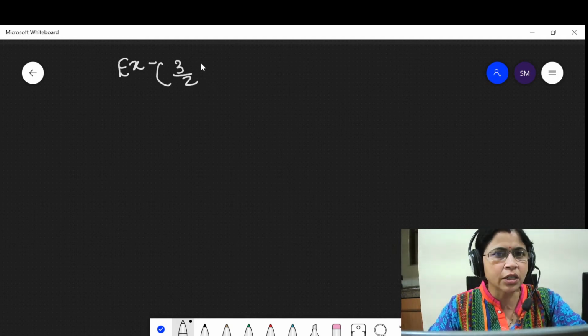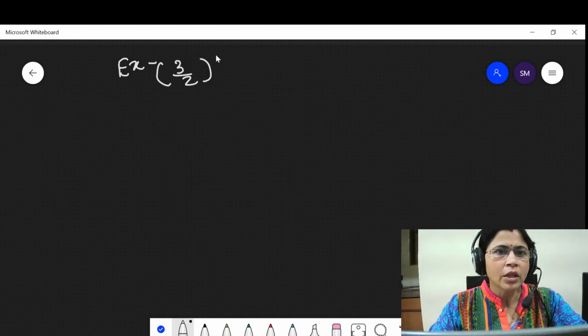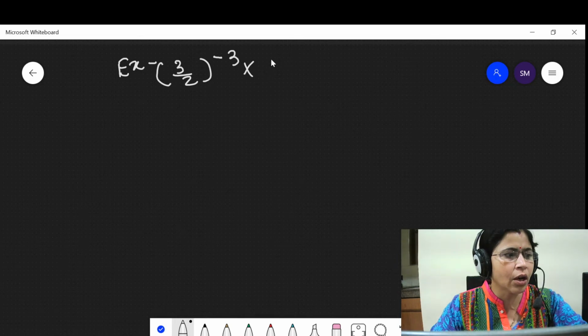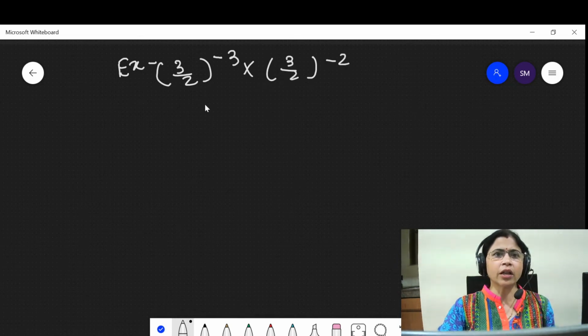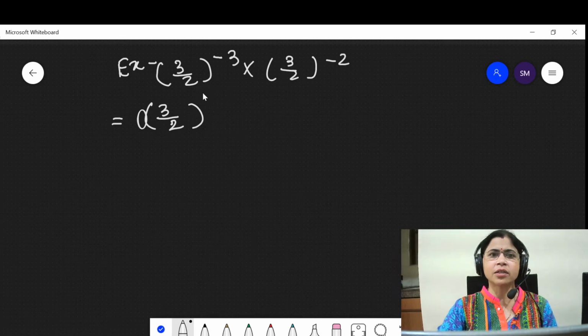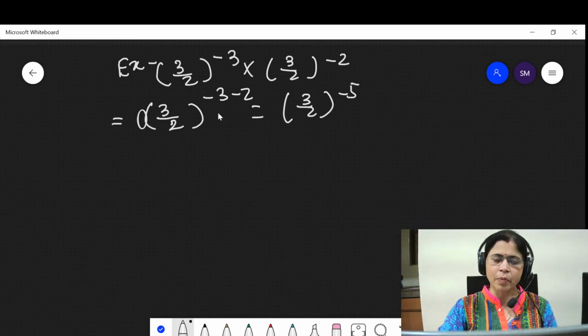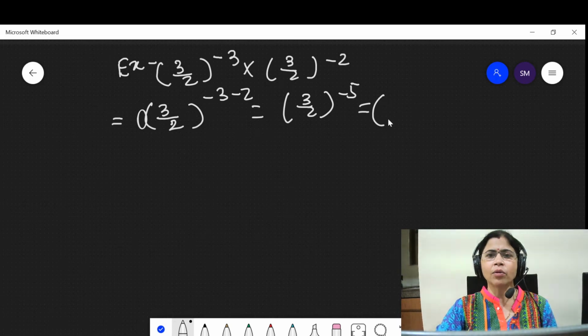Here the question is given: evaluate (3/2)^(-3) times (3/2)^(-2). Here the base is the same, and as you know, when the base is the same, the exponents get added. This is equal to (3/2)^(-3-2), which is (3/2)^(-5). Then make the exponent positive by taking the reciprocal of the base.